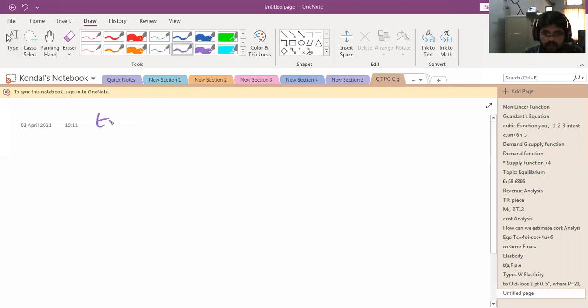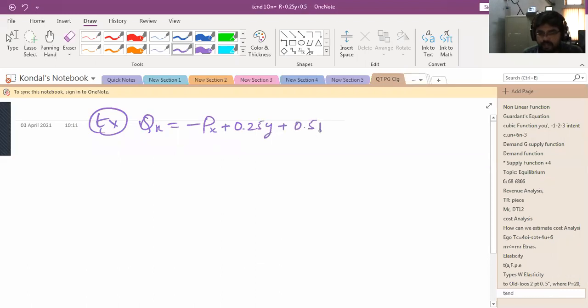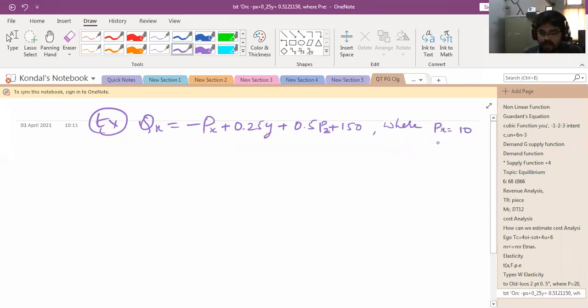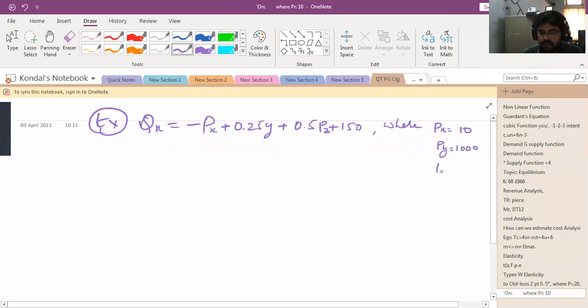Take an example: Qx is equal to minus Px plus 0.25y plus 0.5 Pz plus 150, where Px is equal to 10, Py is equal to 100, Pz is equal to 25.